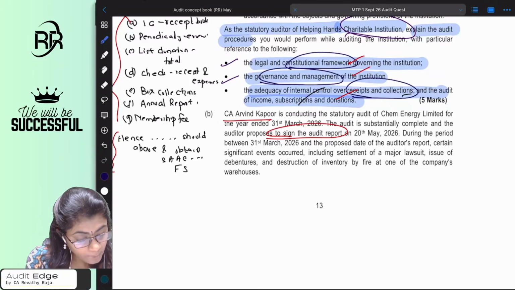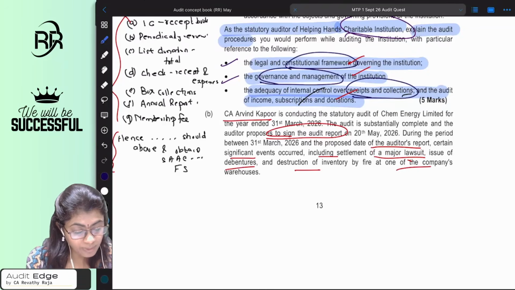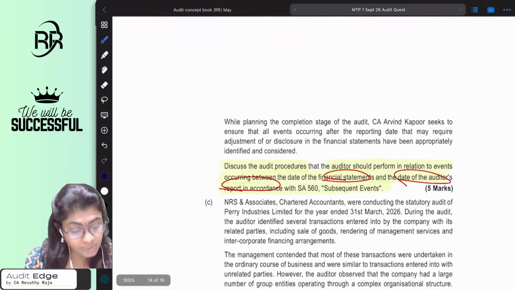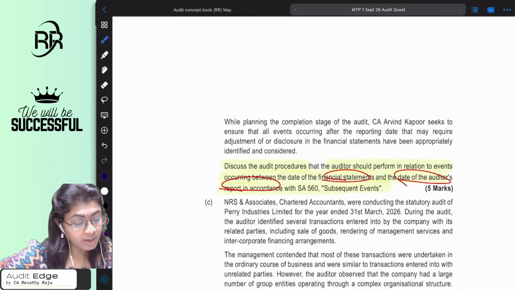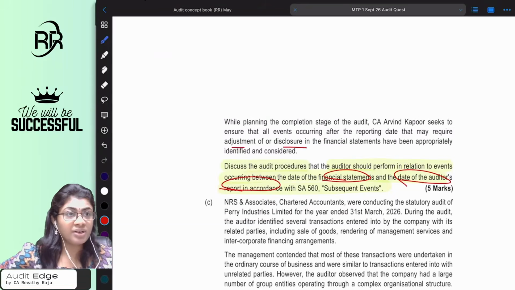During the period, before the proposed date of audit report, certain events occurred, including settlement of a major lawsuit, issue of debentures, destruction of one of the company's warehouses. While planning the completion stage, CA Arvind seeks to ensure that all events that may require adjustments or disclosure have been properly identified and considered.